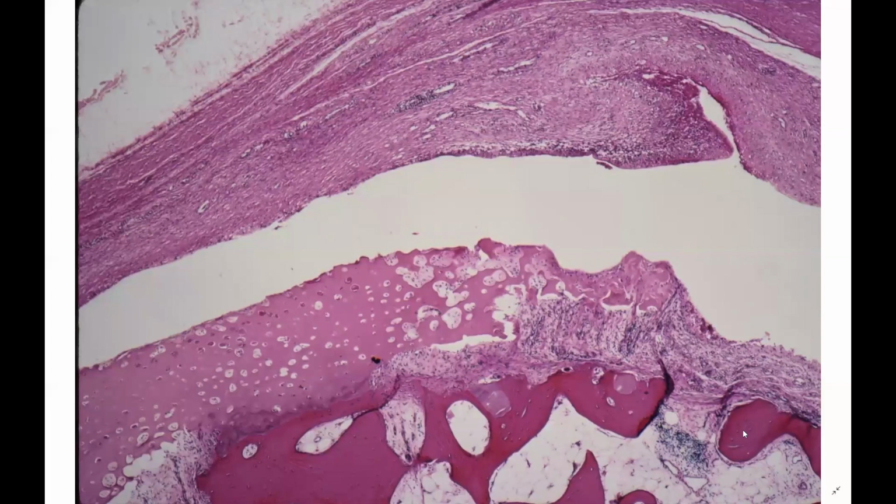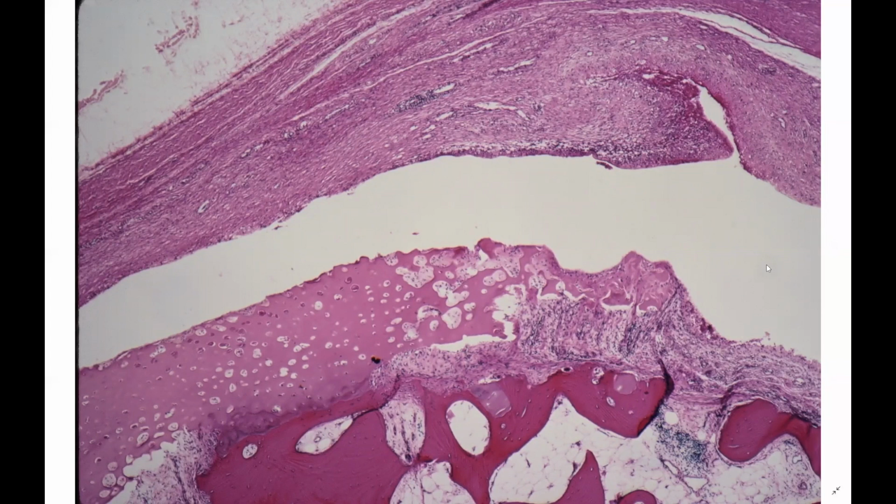All right, now, this slide shows you almost everything you need to know about the pathogenesis of joint destruction in RA. Here we see a metacarpophalangeal joint. And on the right, we see pannus, the vascularized granulation tissue. Okay, and it has resulted in the loss of cartilage from the joint.